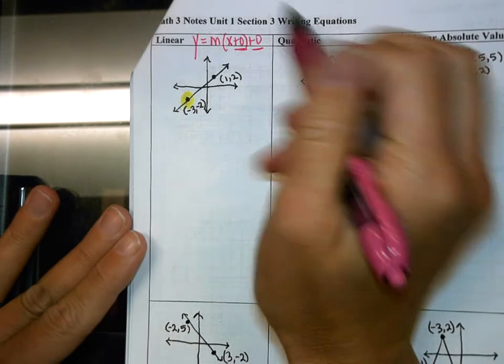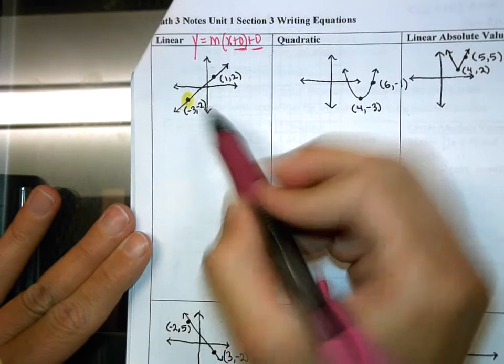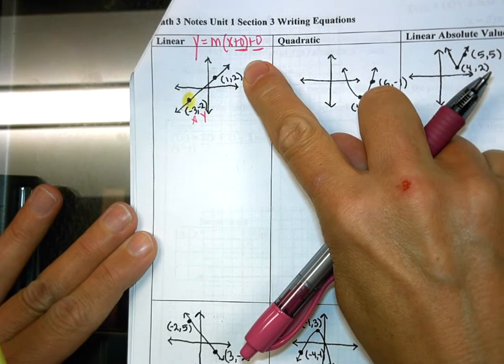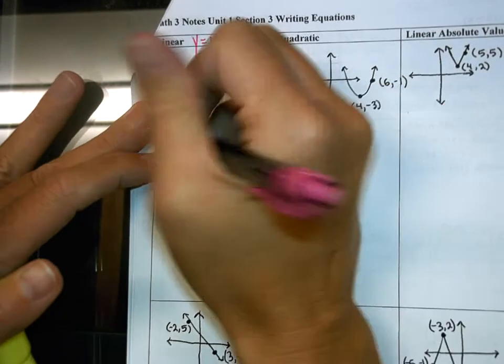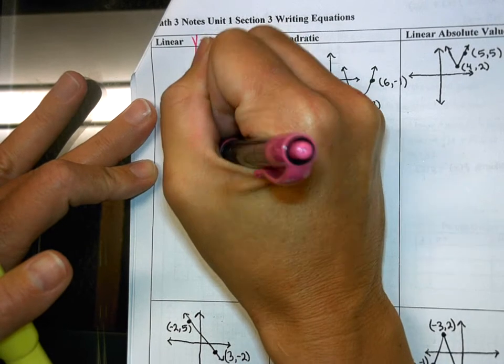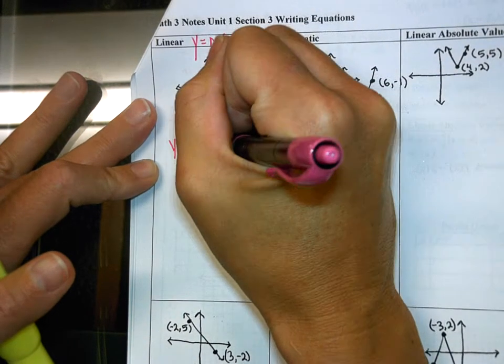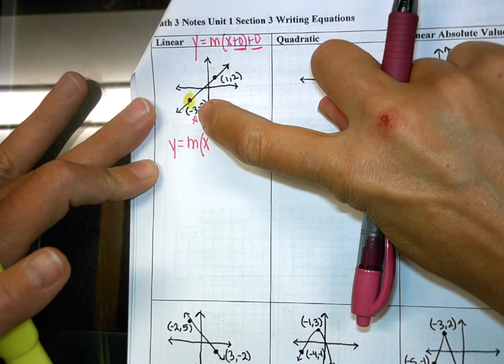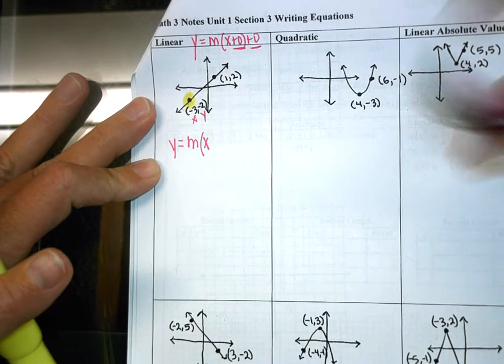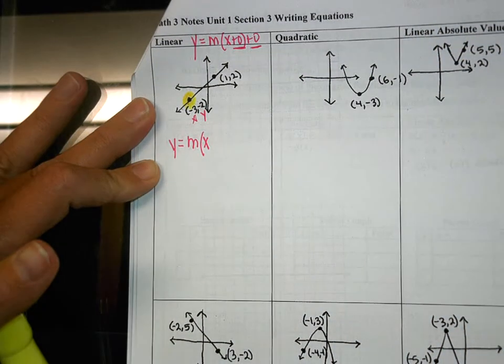I'm going to use this equation, and we're going to plug in these values for x and y. So, y equals m, and then we have x, and since my x value is minus 3, what do you think would go in the parentheses with the x?